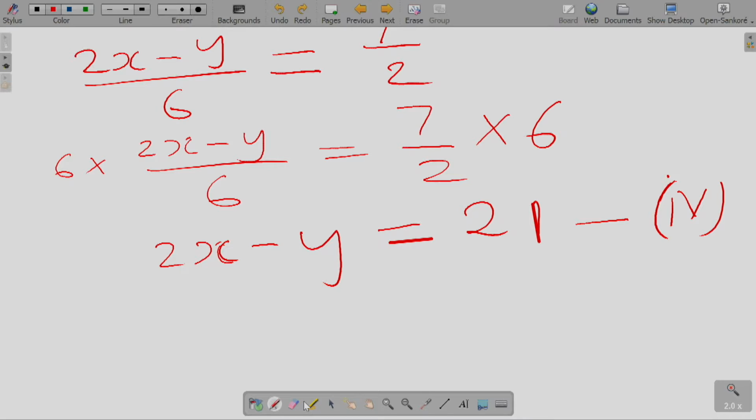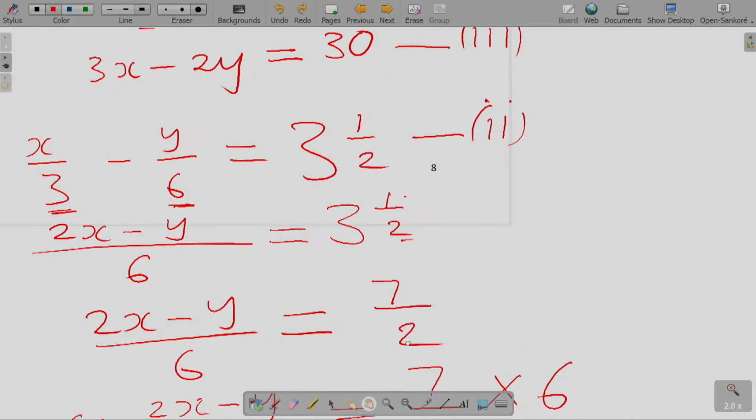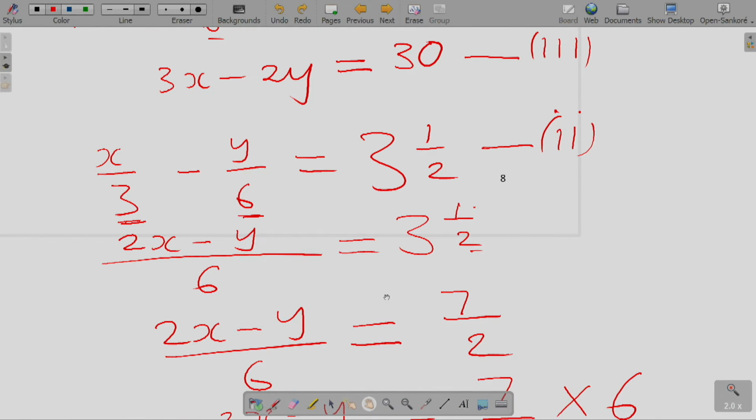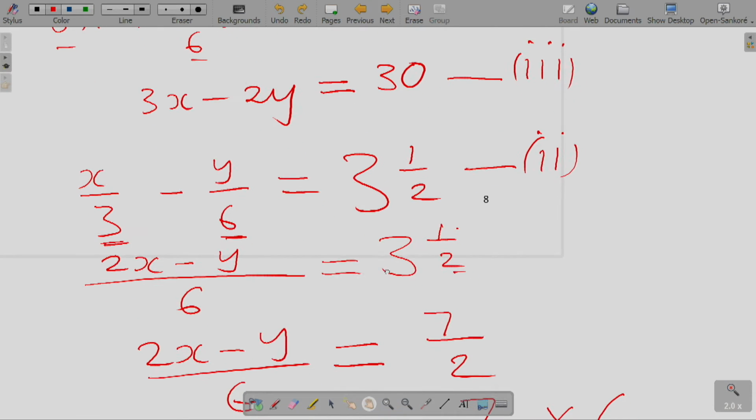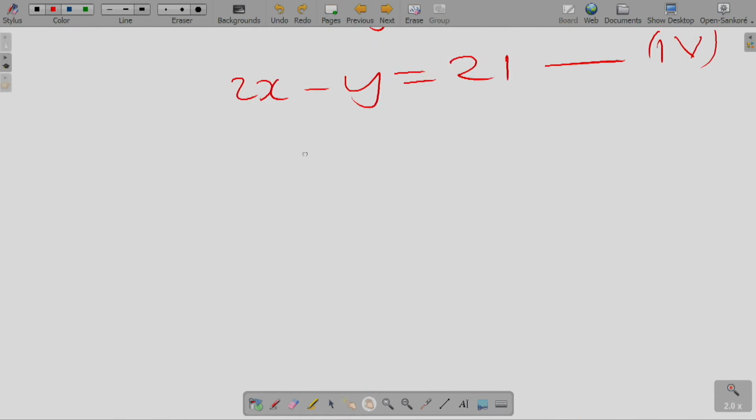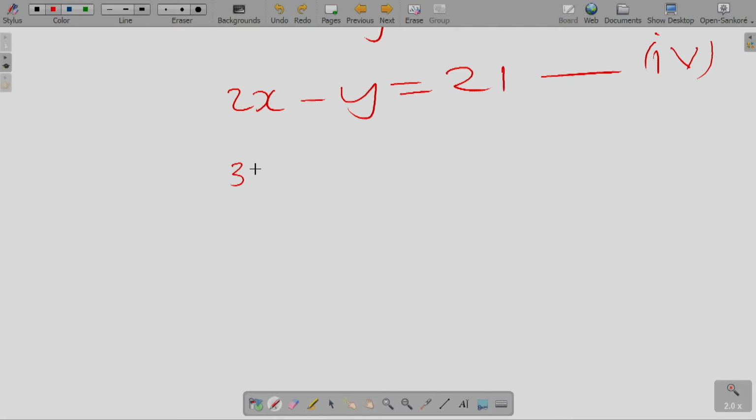So now we have two more new equations. This one is 2x minus y equal to 21, and we have called it equation number 4. Also, we have another new equation, 3x minus 2y equal to 30, and we have called it equation number 3.